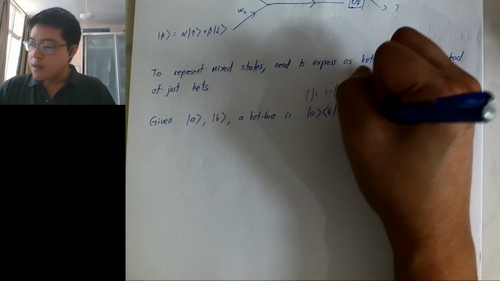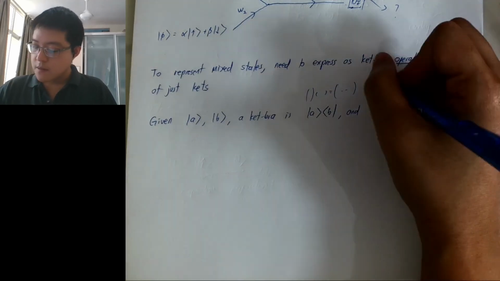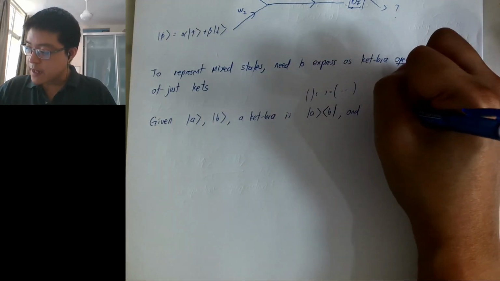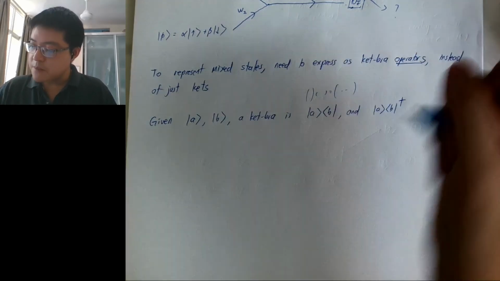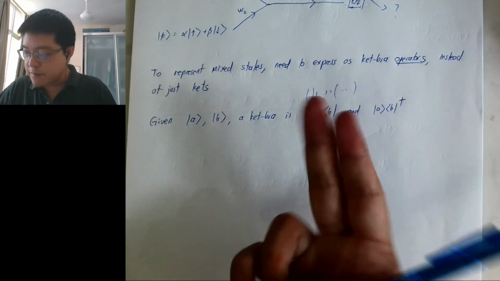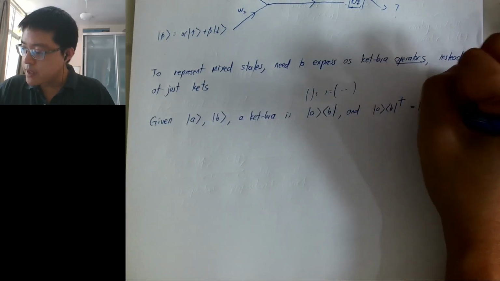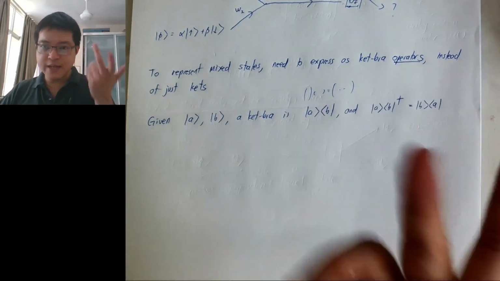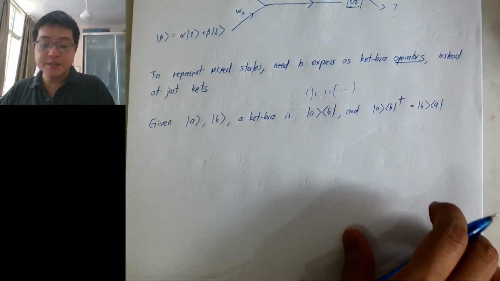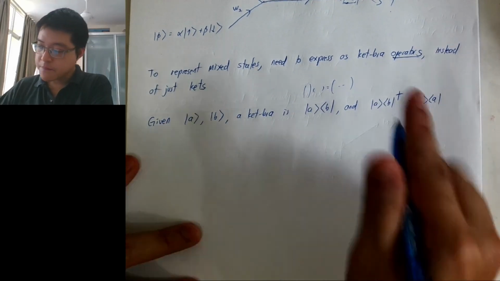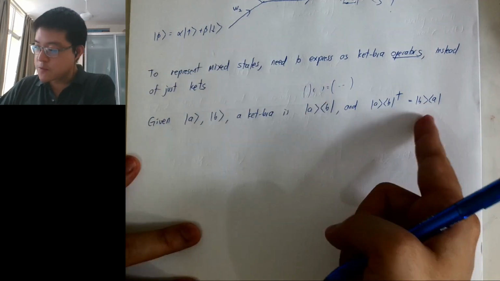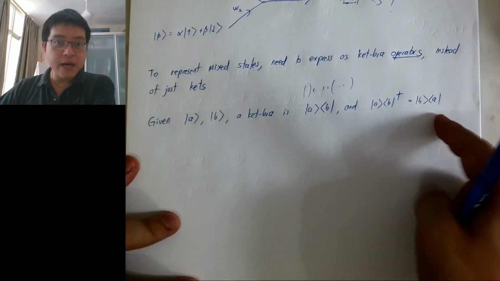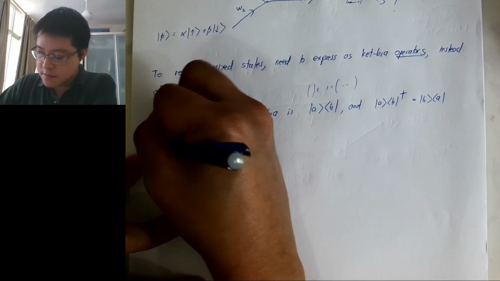Also, if I take a ket bra and take the Hermitian conjugate, it just flips B into A. This is another operation that feels like playing Tetris.